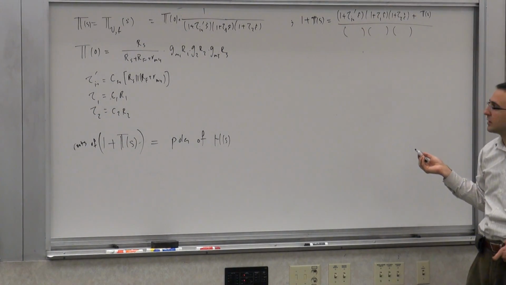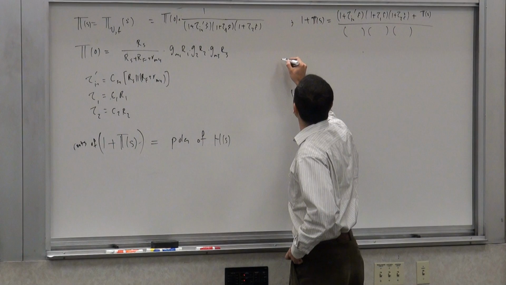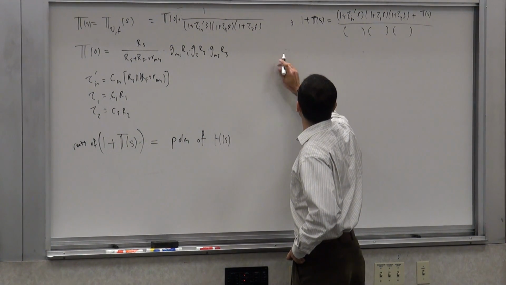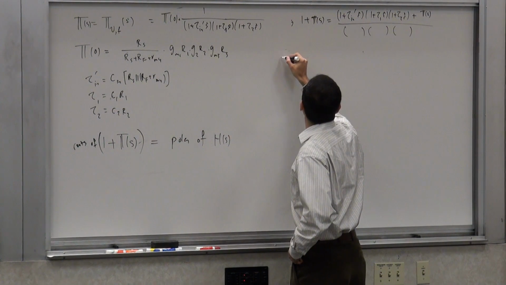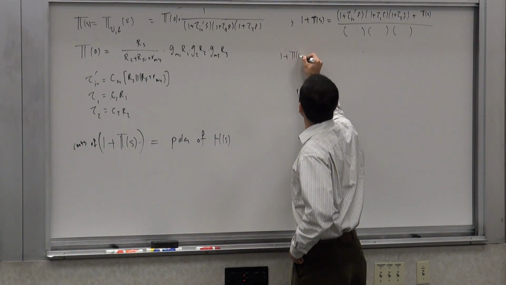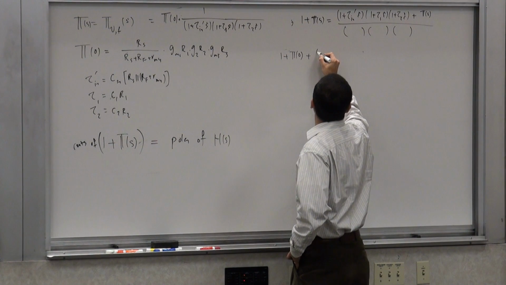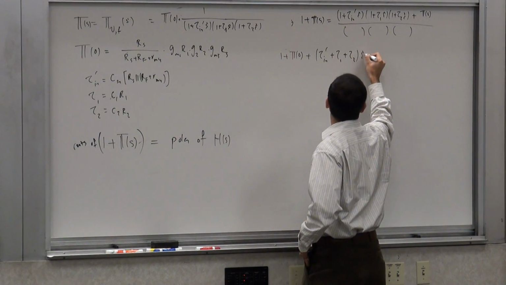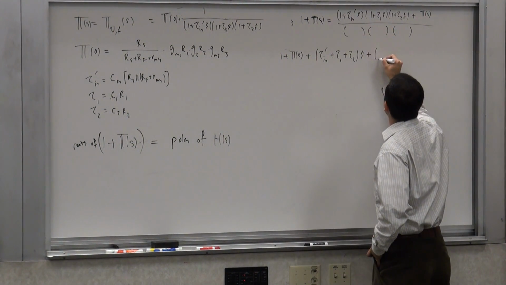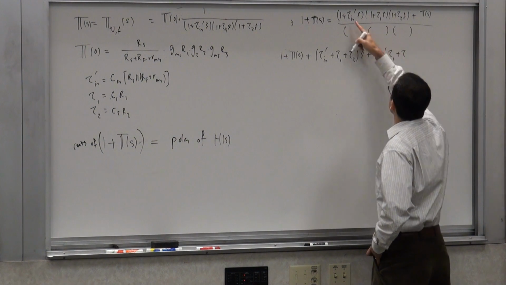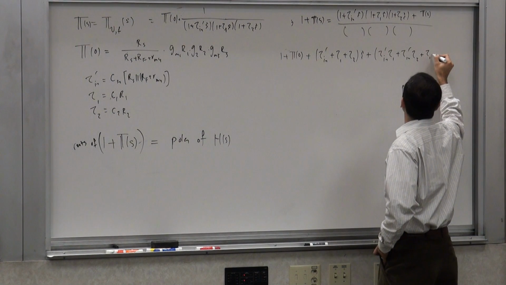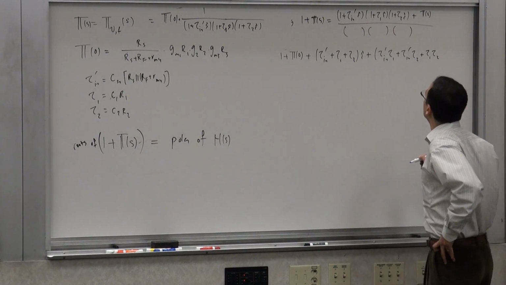So I'm only interested in the numerator, so I have to expand it. The equation I'm trying to solve is 1 plus T0 plus (tau in prime plus tau 1 plus tau 2) s plus the sum of the two-way products, tau in prime tau 1 plus tau in prime tau 2 plus tau 1 tau 2, right?